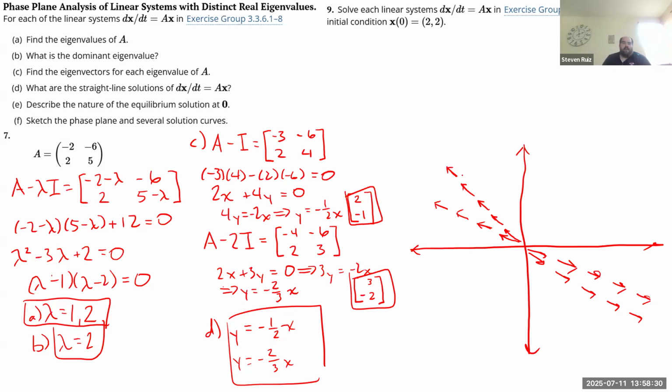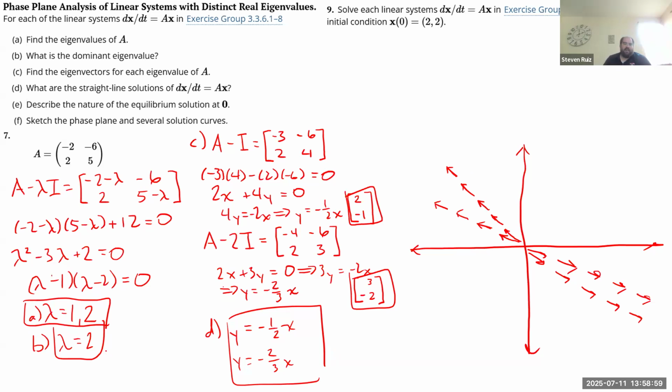And then again, it's going to be hard to show graphically, qualitatively, that one of my eigenvalues is dominant because the slopes are so similar. Negative 0.5x versus negative 0.667x. But most of my slopes are going to more closely resemble which slope?